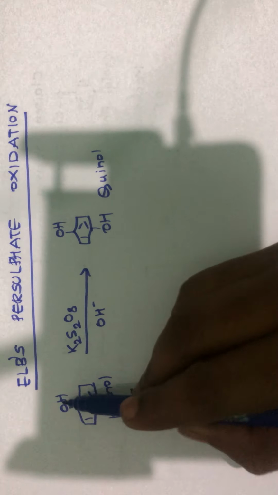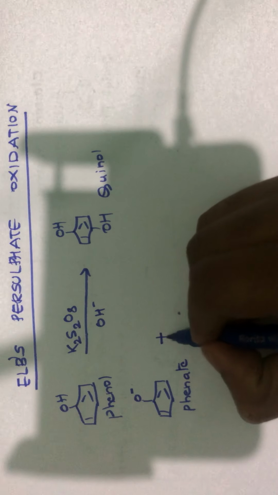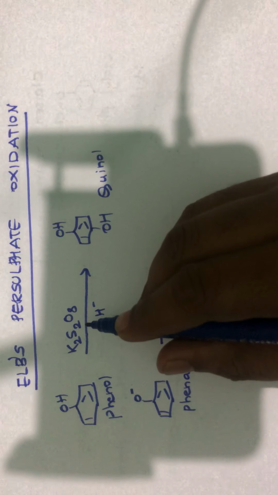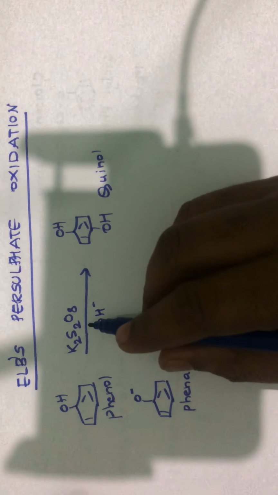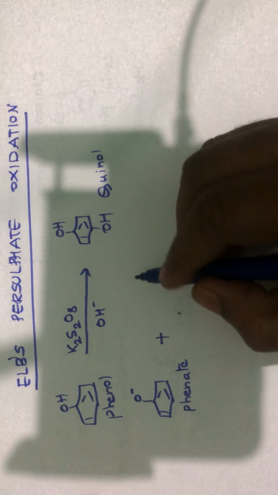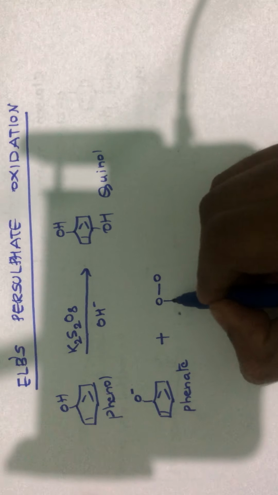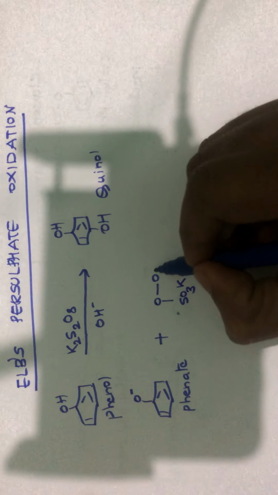OH minus will take up this H plus to form water and you get a phenate ion. Plus what we are adding is potassium persulfate. Look at the potassium persulfate, how it will be. There will be an oxygen bond. There will be SO3K. There will be another SO3K.